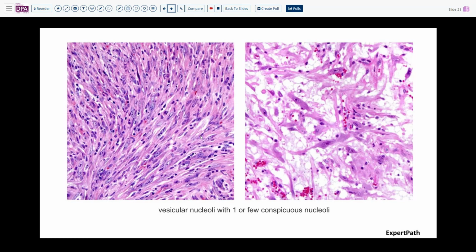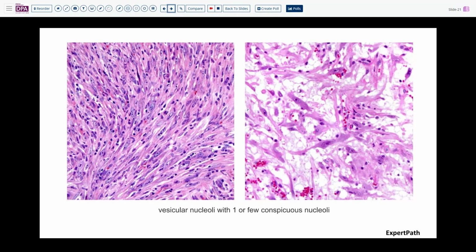So in this higher power, I want to show you the nuclear feature of this myofibroblast differentiation. So first, other than this spindle cell, we can see tons of inflammatory cells. And then this is the really characteristic myofibroblast differentiation. We can see this open chromatin, and then in this cell we can even see maybe 3 or 4 conspicuous nucleoli. They are usually not prominent. Of course, you can see some maybe prominent nucleoli, but most of the nucleoli, you can see them, but not really big.